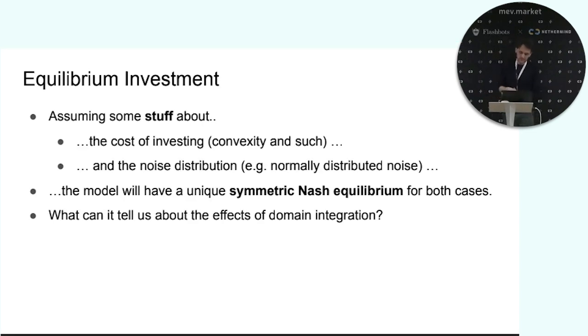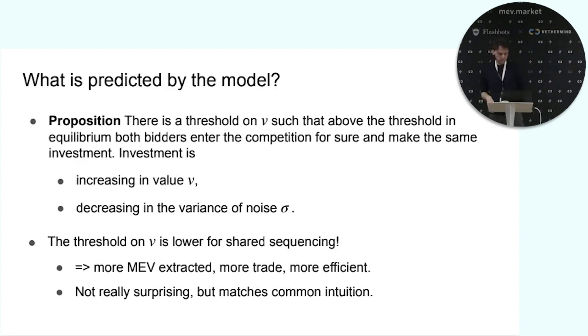Okay. So what does it tell us in the end? What does it tell us about my initial questions about, okay, do we have more efficiency, more investment, more revenue, etc.? So you can solve this model, assume some stuff, find a symmetric Nash equilibrium of this game, and then it can tell us certain things about the effects of domain integration, right? The model tells you there's an equilibrium, there's a threshold on value, right?